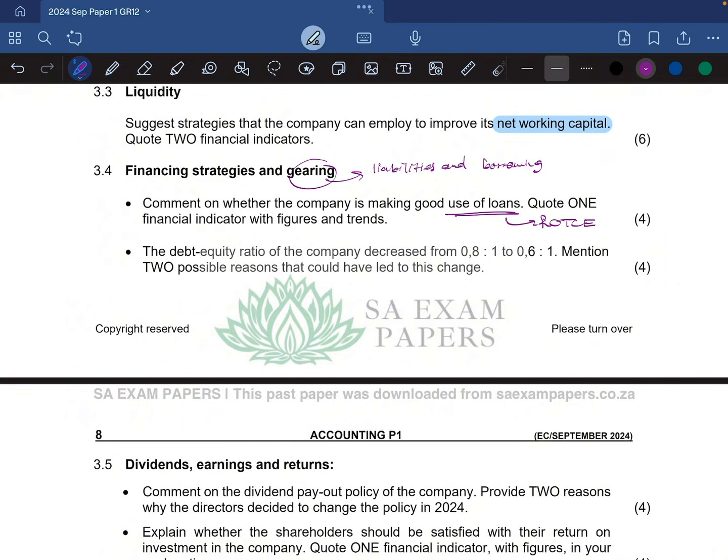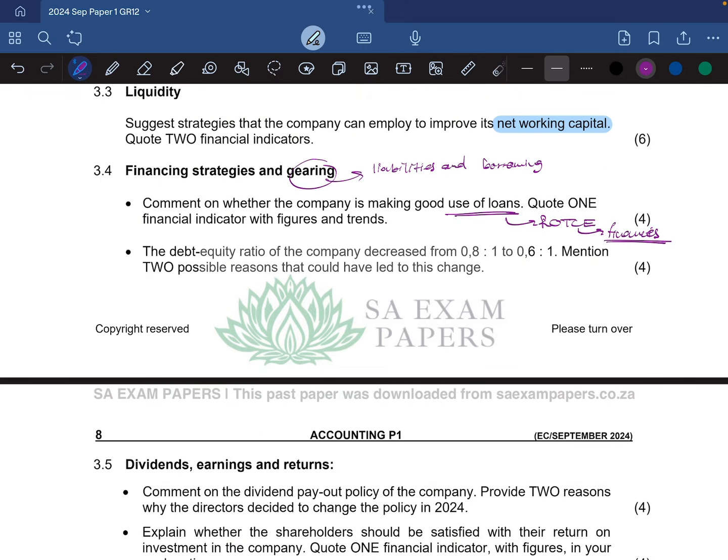We need to look at the total capital employed, which is our finances, what we have used to finance our assets, to build up the assets of the business. And then secondly, the debt equity ratio of the company decreased from 0.8 to 1 to 0.6 is to 1. Mention two possible reasons that could have led to this change.